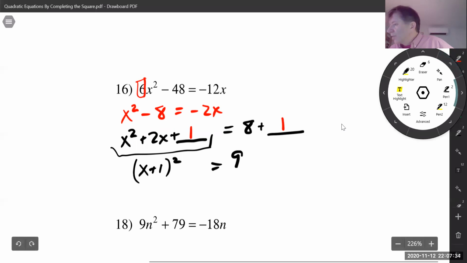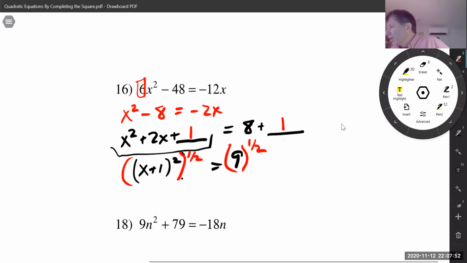My next step is to take the square root, and I'm going to annotate it in a different way than what we did on the previous problem, which is to raise both sides to the 1/2 power. It's a different way of writing a radical that you may not have seen in Algebra 1, but we'll talk about that.